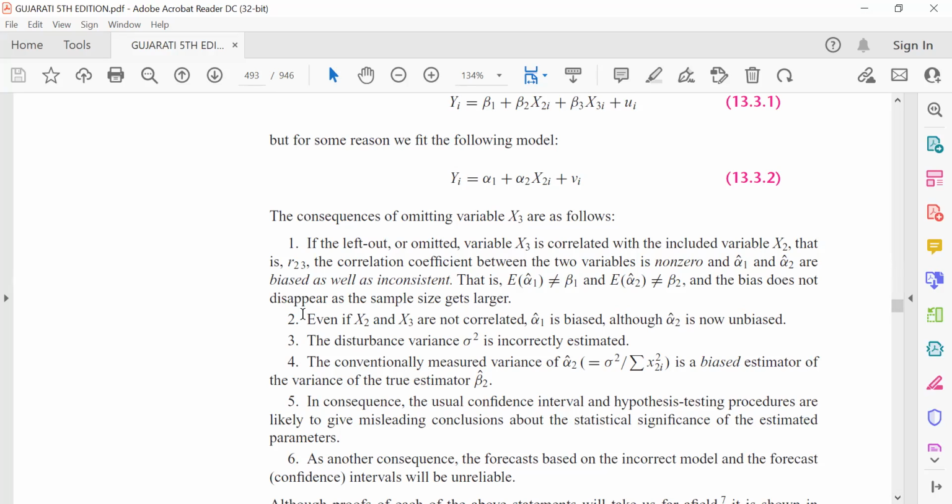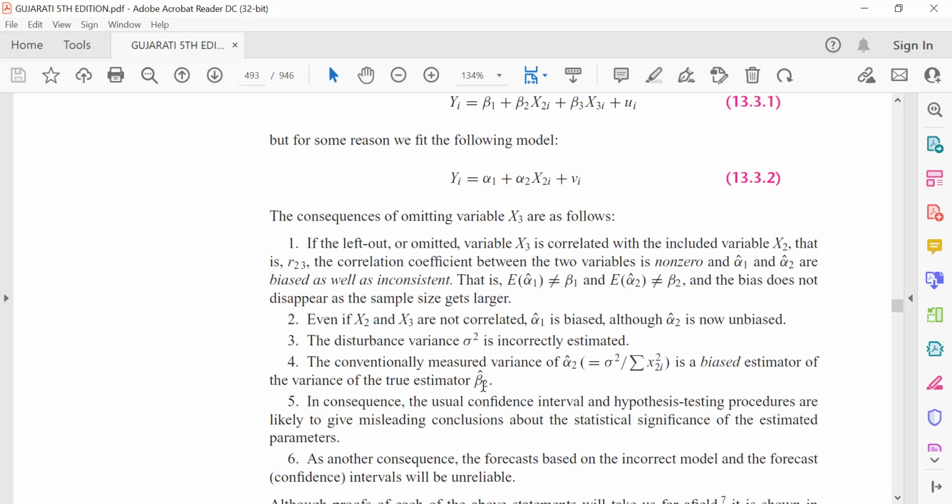Second, even if x2 and x3 are not correlated, alpha 1 is biased, although alpha 2 is not biased. Okay, alpha 1 is biased and can become an overestimate or underestimate.